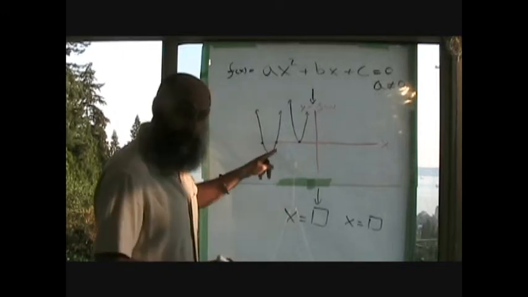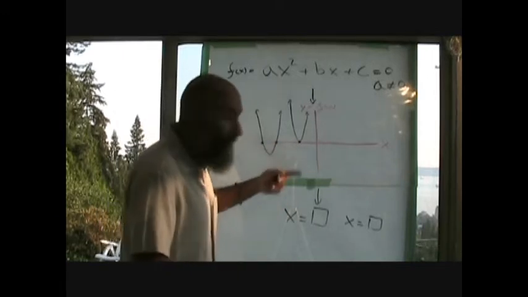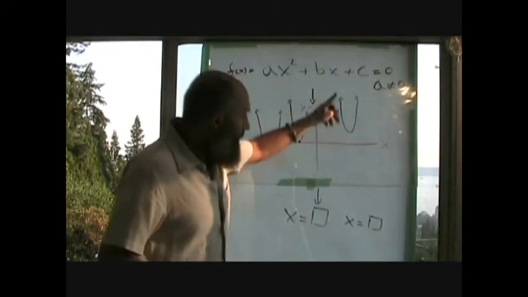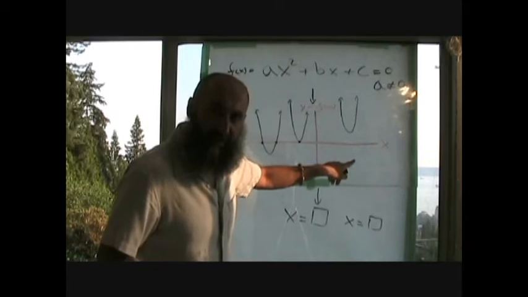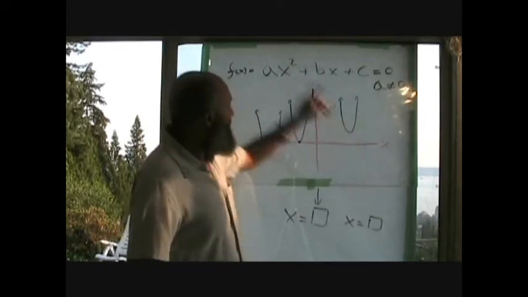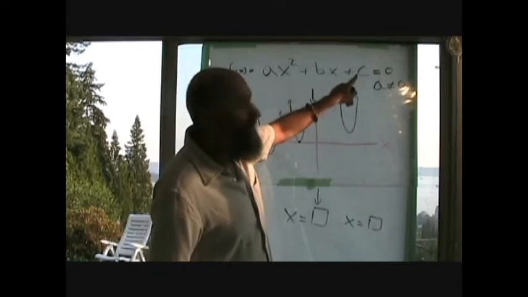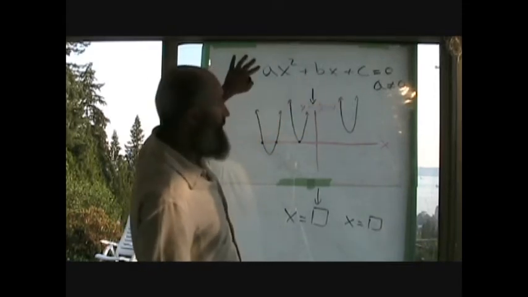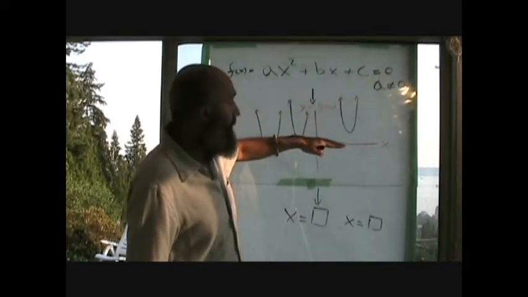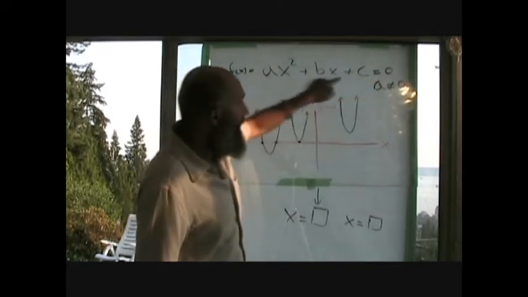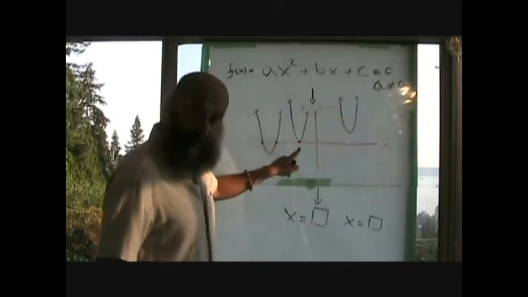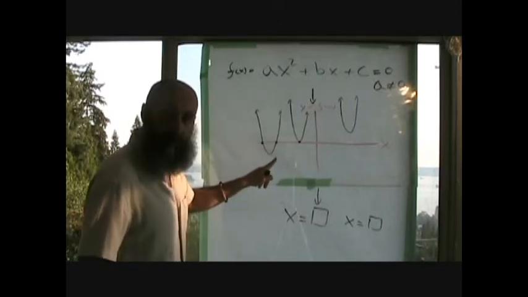We could have two x-intercepts, we could have one x-intercept, or we could have a parabola going like this and never crossing the x-axis. And that means we wouldn't have any x solutions, right? So sometimes when we're solving these types of equations, if we set y equal to 0 when we're looking for x-intercepts, we're going to get no solutions, sometimes one solution, sometimes two solutions, okay?